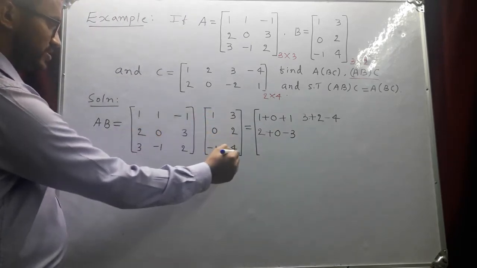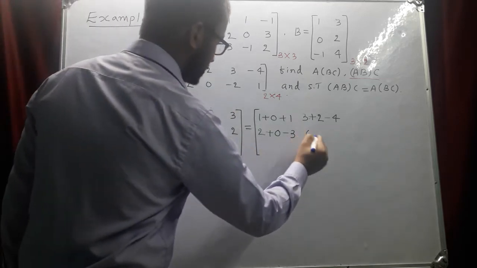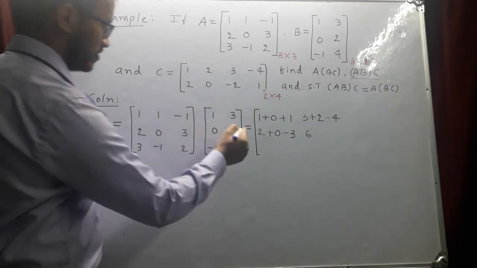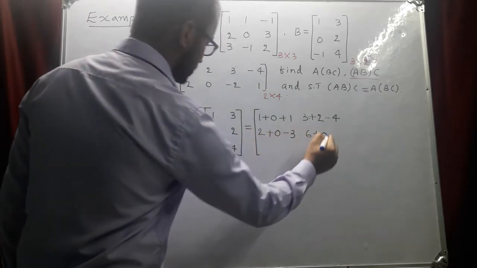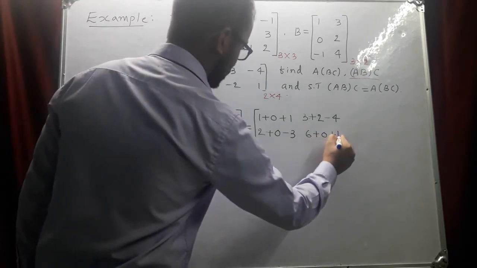Second row, second column: 2 into 3, 6, 0 into 2, 0, 3 into 4, 12.